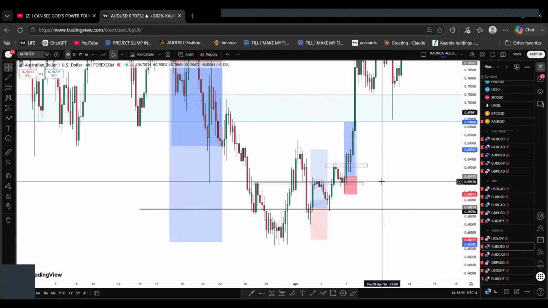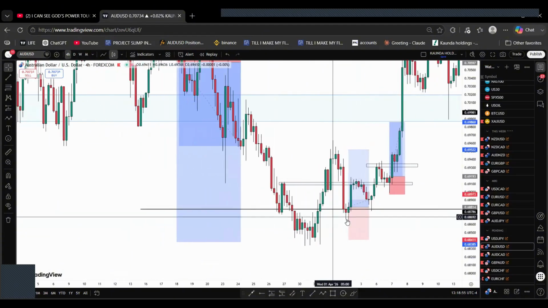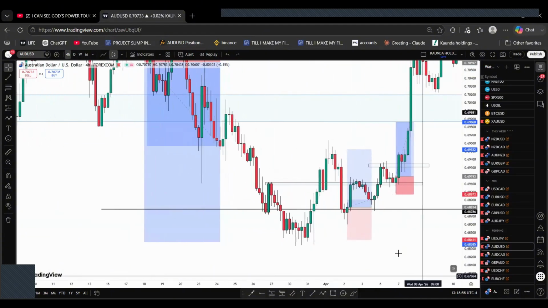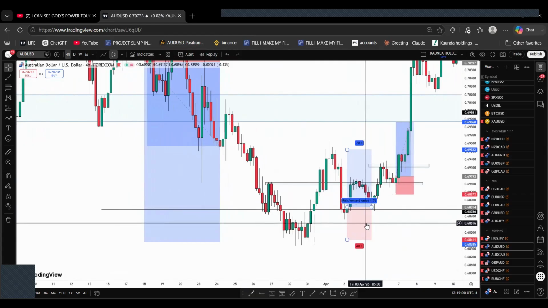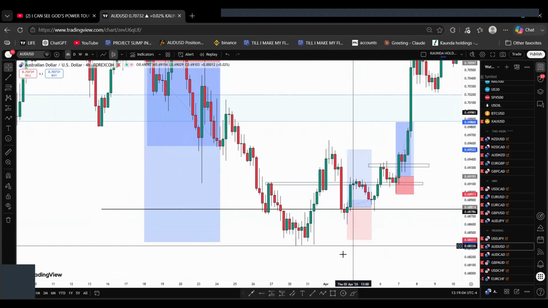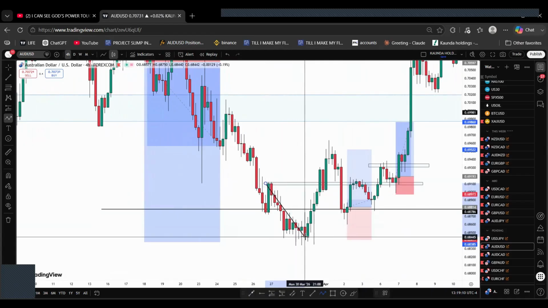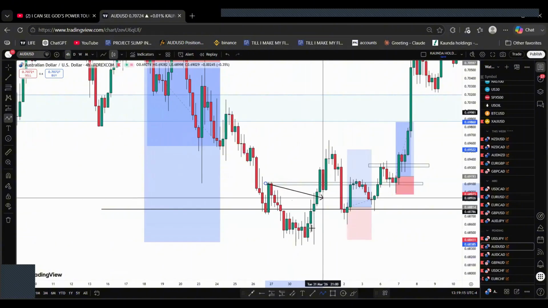Look at what happened here. Okay, pay attention to what price did. Price made a lower high, higher low, lower high, and a lower low, right? Then price broke above.